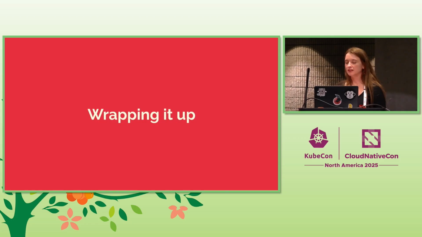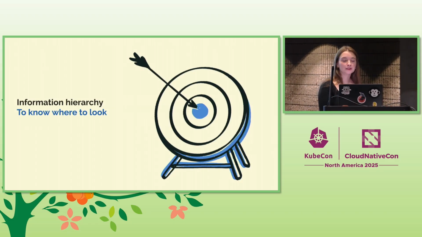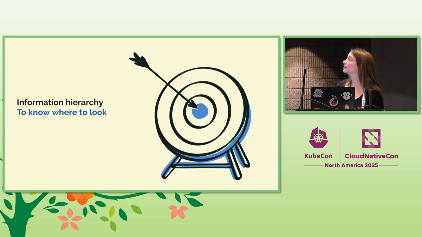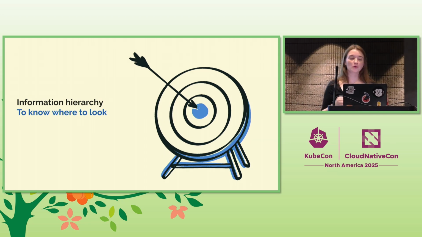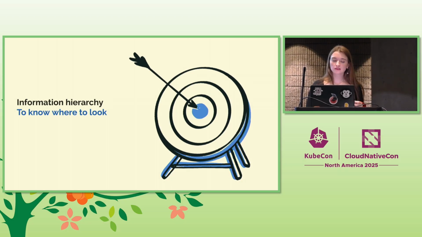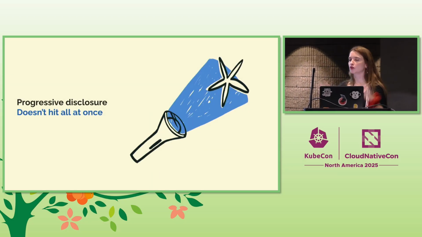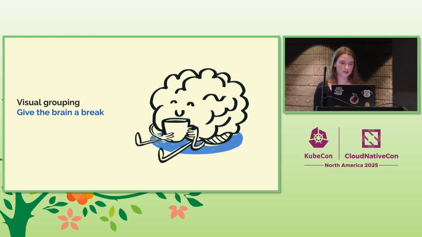And I've been talking a lot, so it's time for me to wrap up. And for that, just as a reminder, I did these drawings so you remember. First, always help people to know where to look. Also, don't throw the entire encyclopedia at once, help them go step by step.